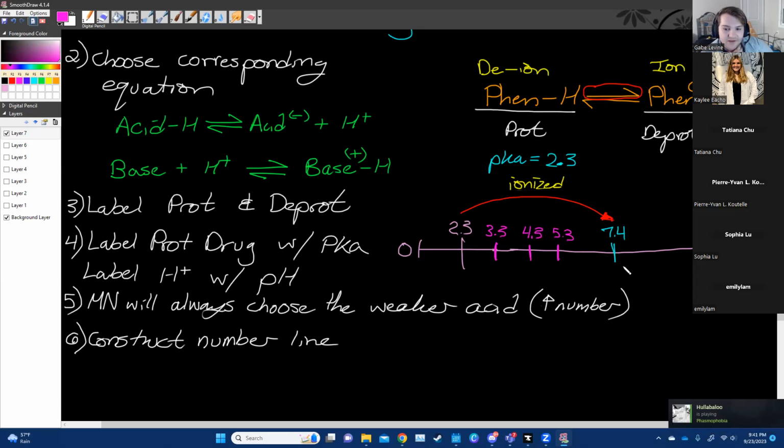And what each one of these steps correlates to is that ratio of ionized to unionized or non-ionized. So for the first step, we have 10 over 1. For the second step, we have 100 over 1. And for the third step, we have 1,000 over 1.